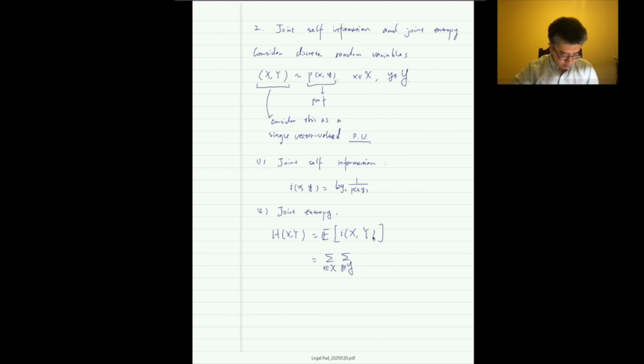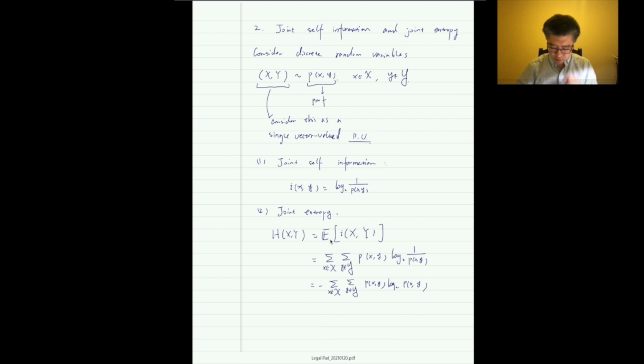Okay, and then we have, let's write the probability first, it's p(x, y) and then log base 2 of 1 over p(x, y). Or we can take this 1 over out, so that equals negative the sum of p(x, y) log p(x, y).